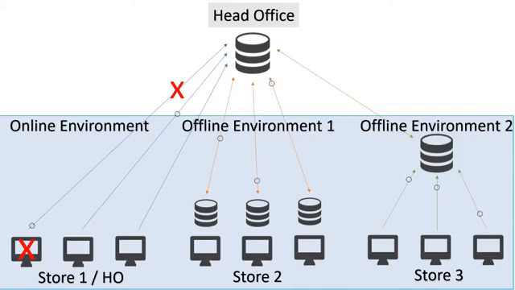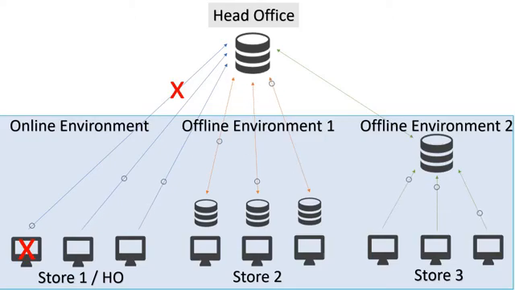So let's just look at what is an offline environment. There are several examples that I can give, but the most important point is that an offline environment will have more than one database deployed to various locations or sites. Because of these distributed databases, data needs to be updated on a regular basis.